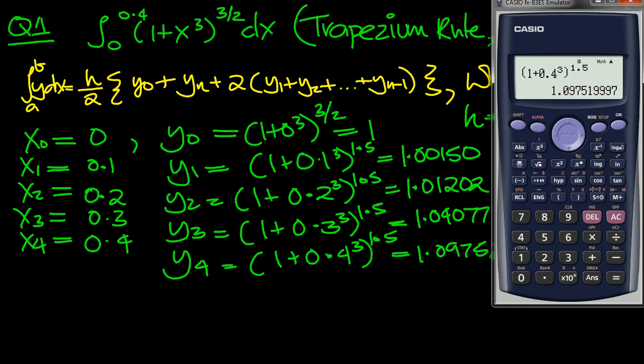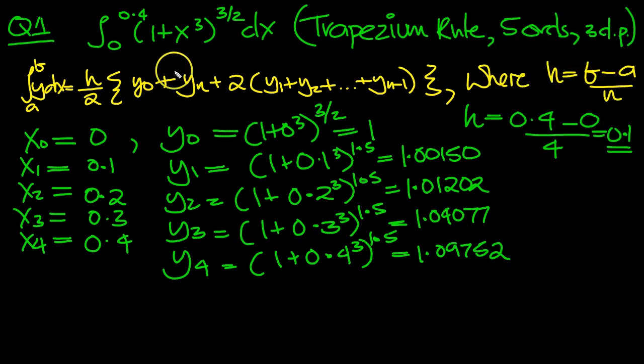So now let's work this out then. So what have we got? Here's a formula, h over 2. So I'm going to label it a capital I for the value of the integral according to the trapezium rule. H over 2, so it's 0.1 over 2.